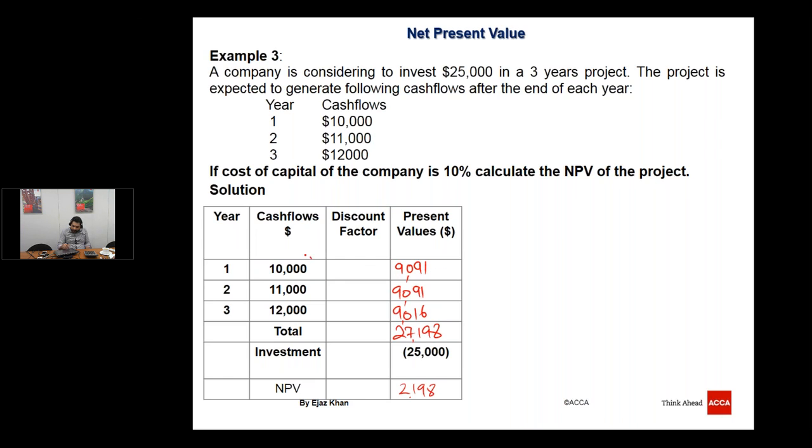9091 is actually the present value of the $10,000 that this company is going to receive after the first year. So if I want to calculate the present value of $1, how can I do so? If 9091 is the total value of $10,000 and I need to find out the value of $1, I'll simply divide 9091 by 10,000, because 9091 is the value of $10,000.